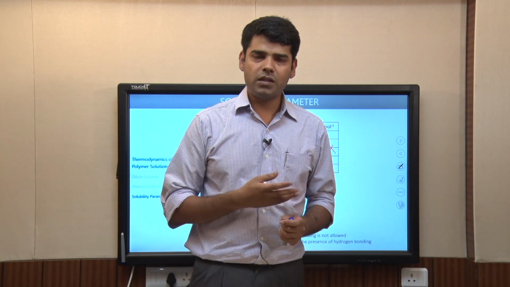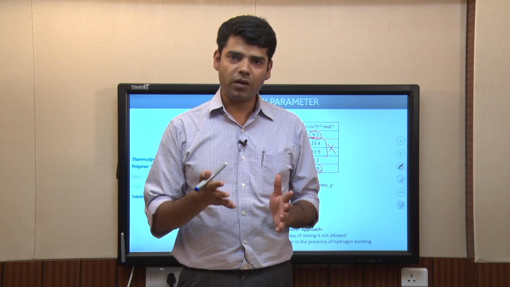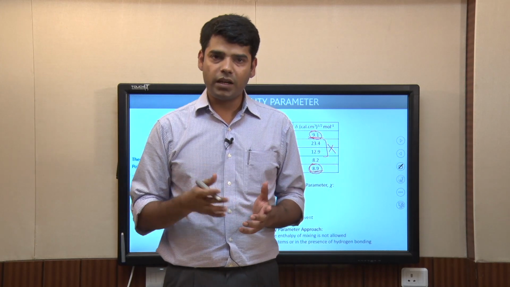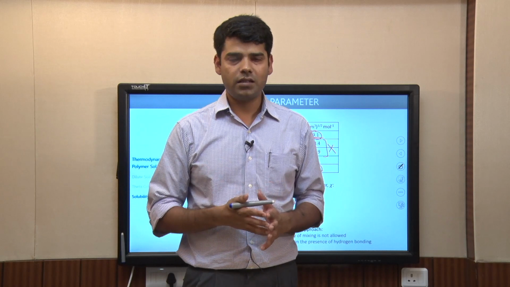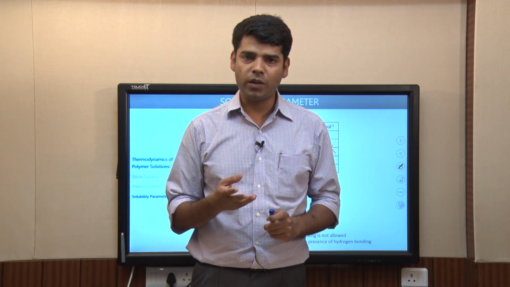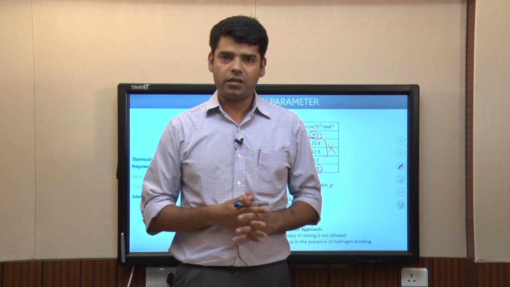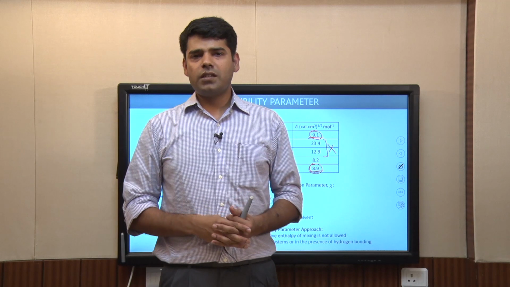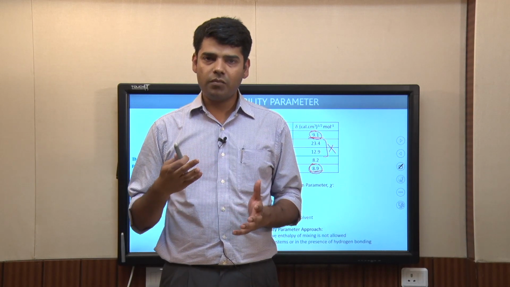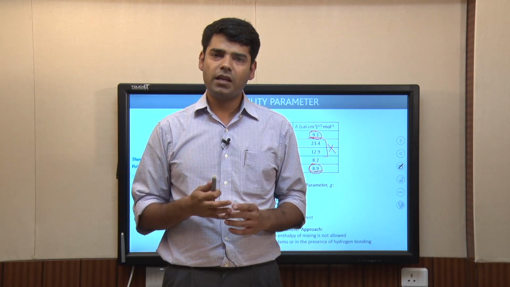And for the same reason, in any system where either the polymer or the solvent or both have strong polar interactions or hydrogen bonding kind of interactions, the Hildebrand solubility parameter approach should be avoided because of the inherent limitations there. For systems where we have polar interactions or hydrogen bonding, other more complex solubility parameters have been proposed. One such parameter is that by Hansen.